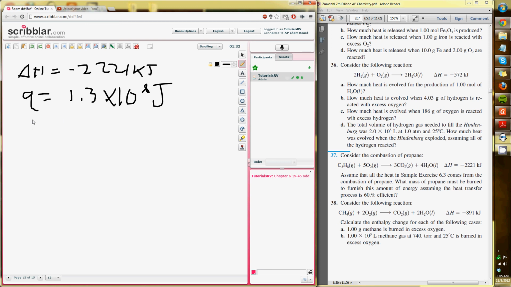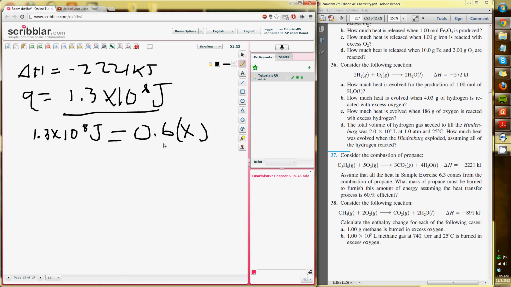So this is of course the 60% yield of the actual one. So you need to convert this back into 100%. So you just do this. This is equal to 0.6 times x.